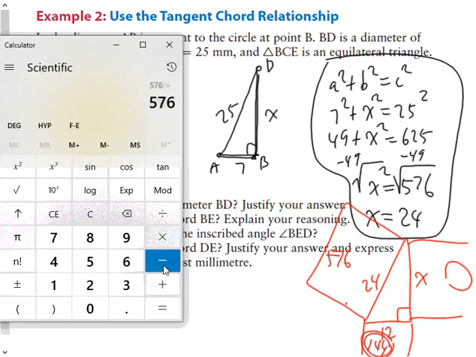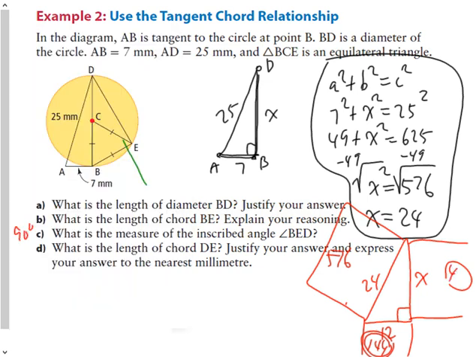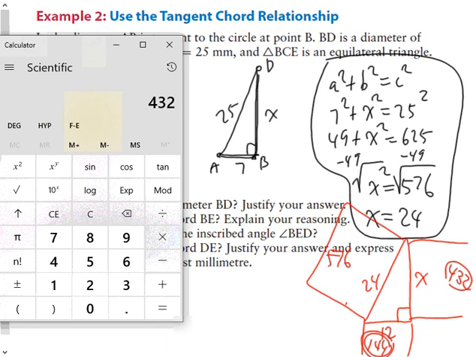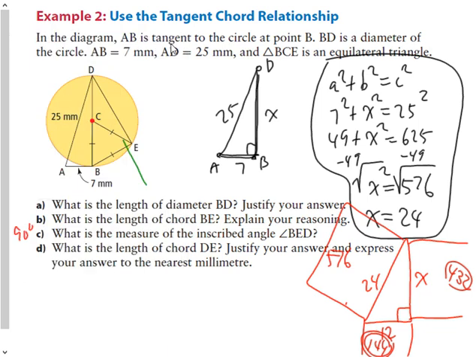So 576 take away the area of the square I know tells me that this square here has an area of 432. And therefore, the side length of x would be the square root of 432, which is approximately 20.8. So therefore, this chord is approximately 20.8 millimeters long.